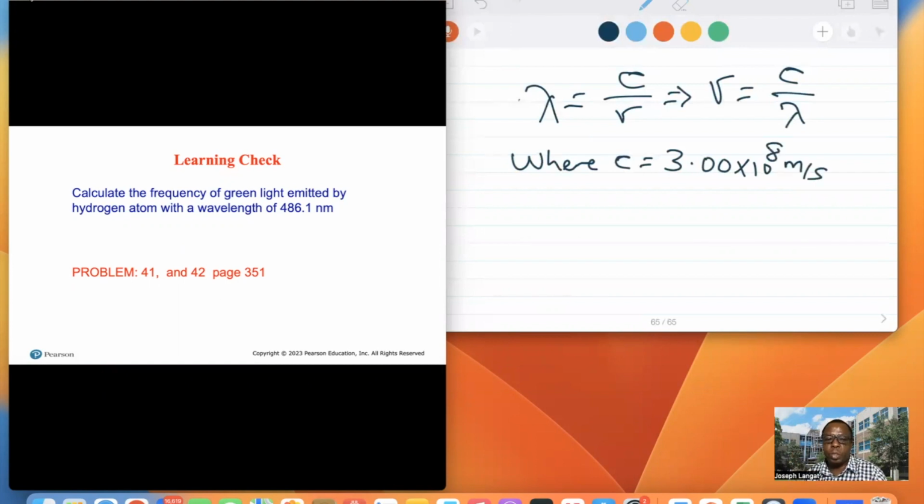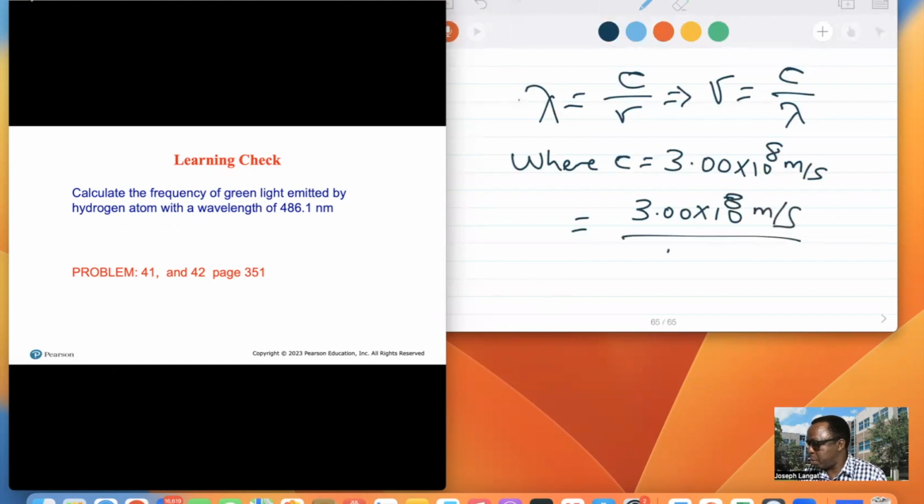That one will not change. Somebody might just say 3.00 times 10 raised to positive 8 meters per second.